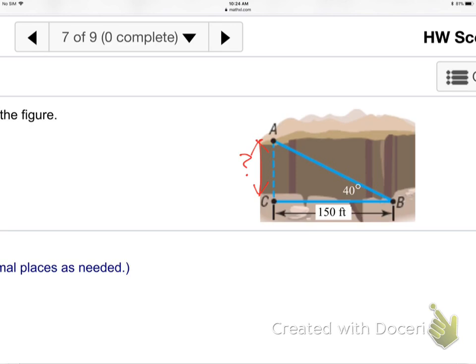Give that a try. Some trig relationship involving that.